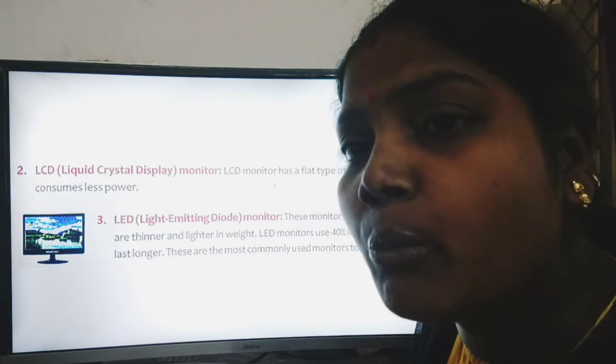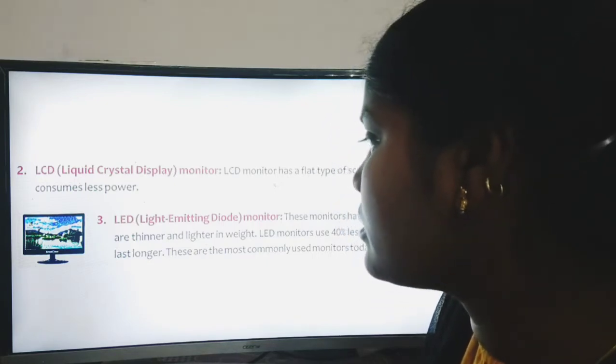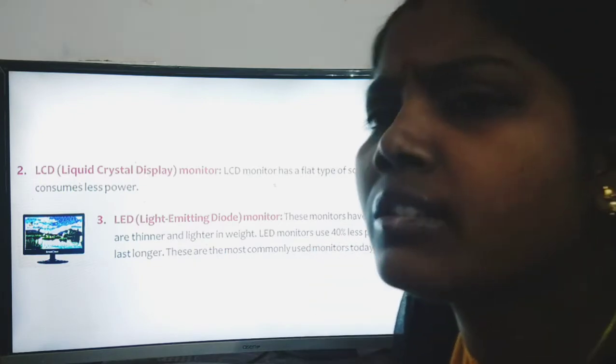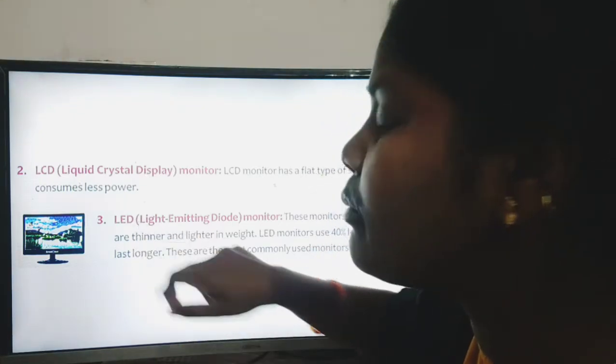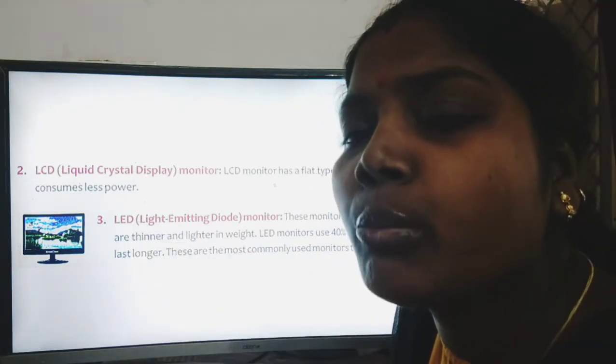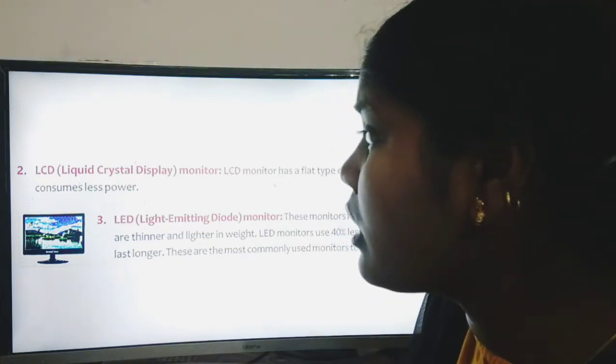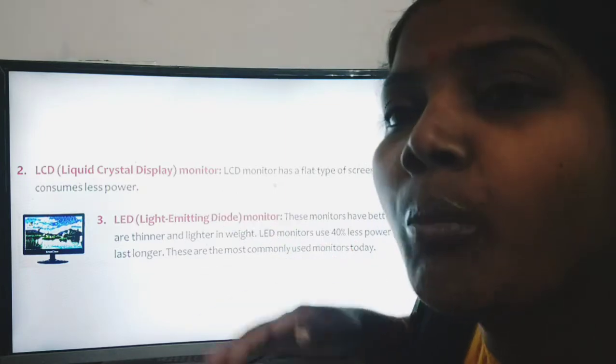These are the most commonly used monitors today. People are using LED monitors commonly everywhere. So these are the monitors.